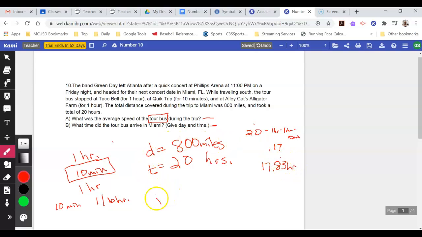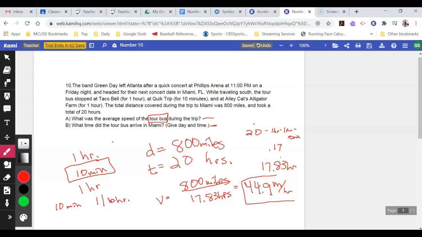So again, to solve for that, your velocity is your distance over the time, which is 17.83 hours. And then the velocity, which is the average speed of the tour bus in motion during the trip, is going to be 44.9 miles per hour.